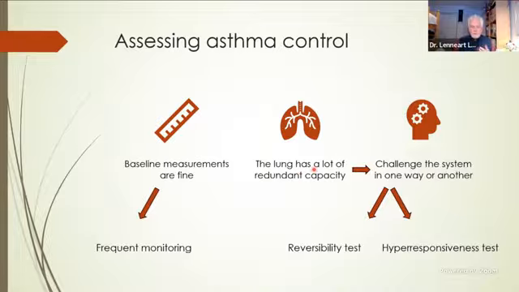The problem with the lung, the problem for us trying to understand what's going on, is that the lung has a lot of redundant capacity. It has so much extra capacity that, I've seen publications saying, somewhere between 50 and 60% of the lung has to be affected before the patient really starts complaining.